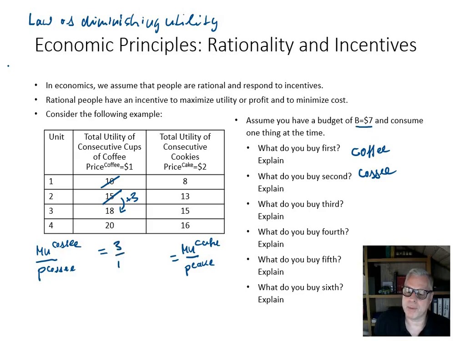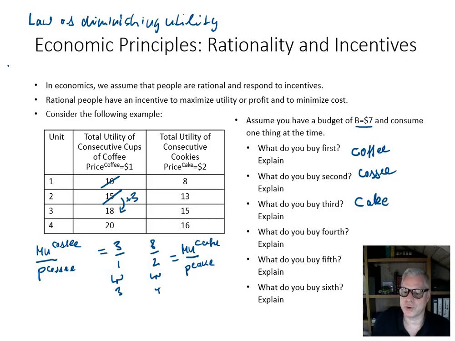But now if I buy my first cake, well, I get 8 extra units of utility from 0 to 8 per dollar spent. So now the ratio is 3 to 4, and I get more utility per dollar spent if I start adding a cake to my menu.